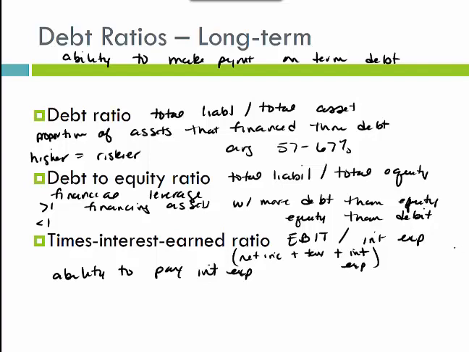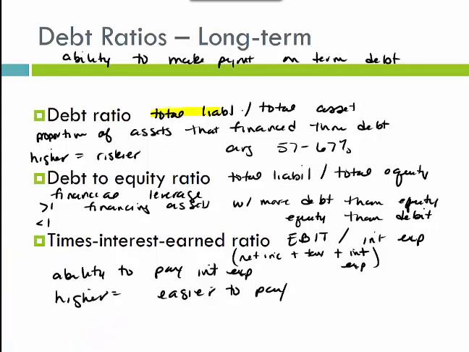The higher the number here, the easier it is for you to make your payments. So if I see somebody with a nice high times interest earned ratio, I know they're not going to have any problems making the interest payments on their bonds or on their loans.